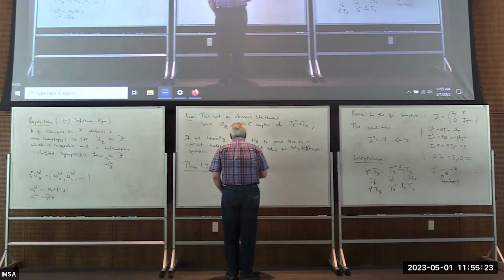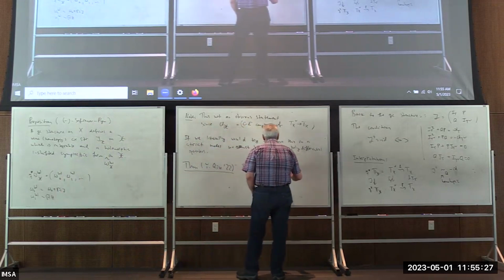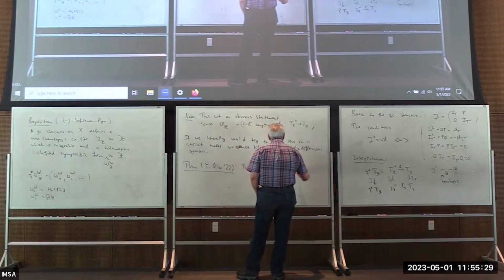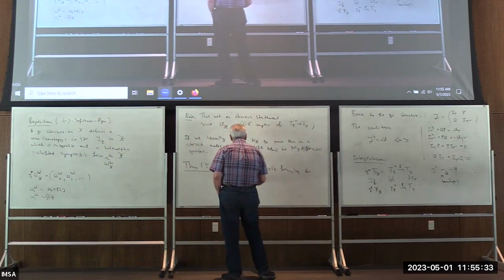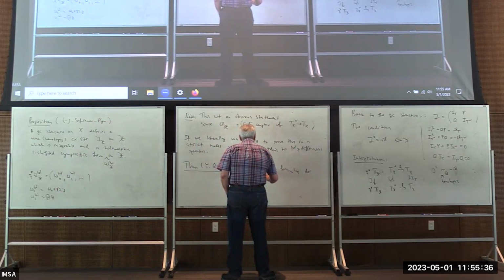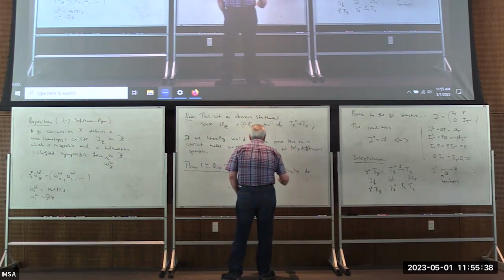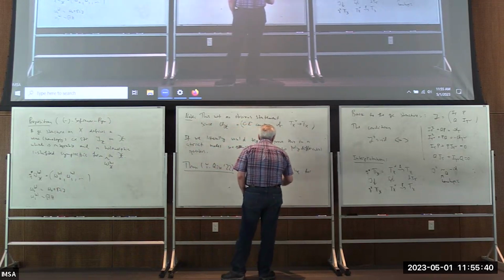So there are explicit formulas for everything: for the complex structure, for the holomorphic form, and for the Lagrangian structure.